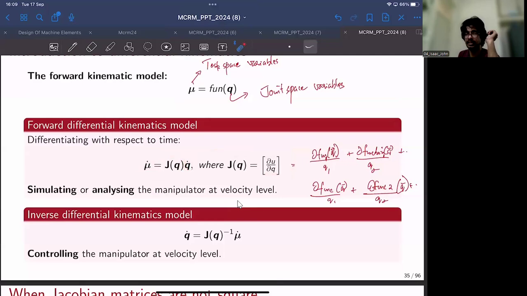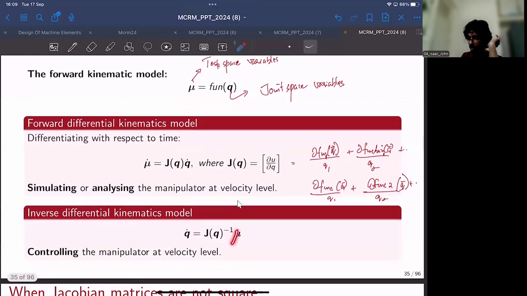The inverse differential kinematics would be the inverse of it. If you already know the velocity of the end effector, finding the velocity of the joints uses this inverse relation. And that's about it.